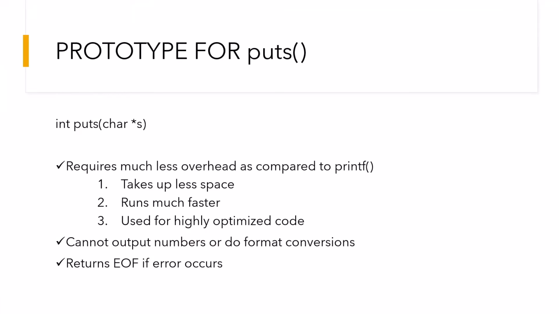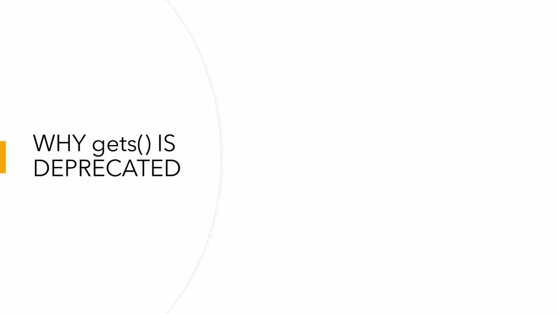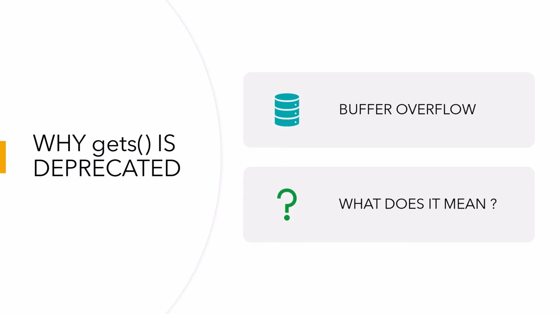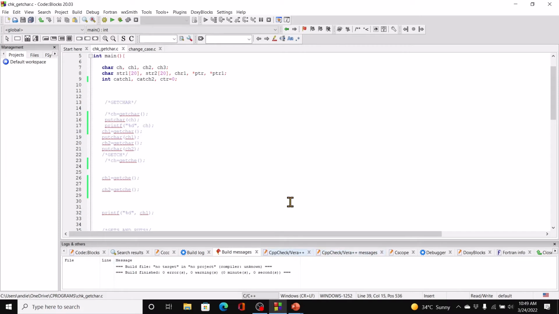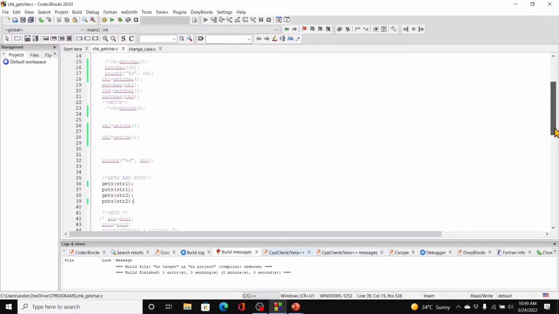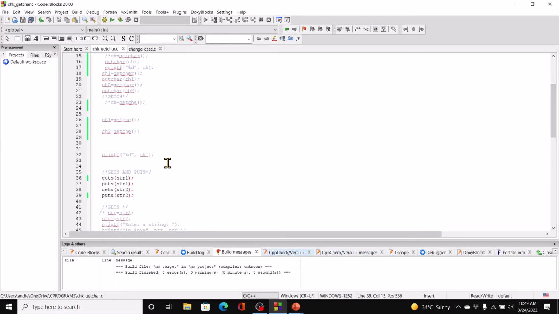Going back to our discussion on gets and puts, why gets is deprecated. We talked briefly about buffer overflow in a previous session. What does it mean? So let's now go and look at an example of this. I'm going to execute the same code, right?